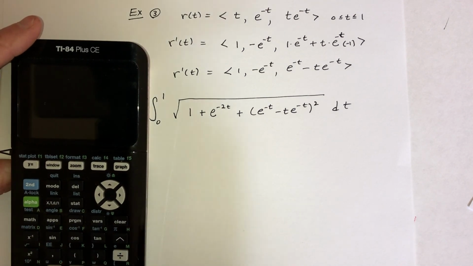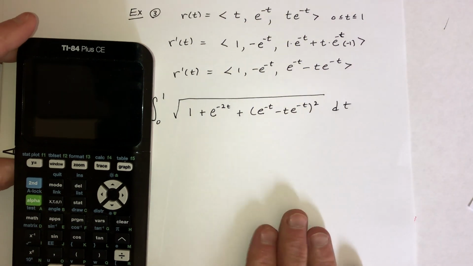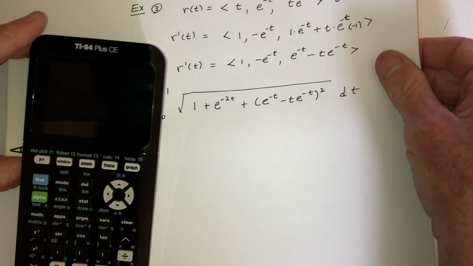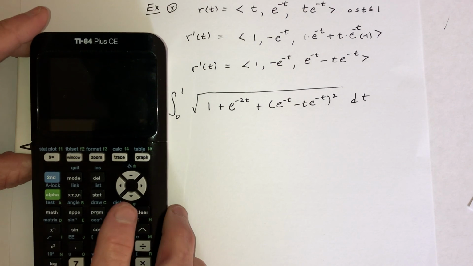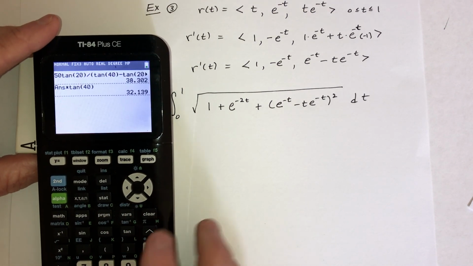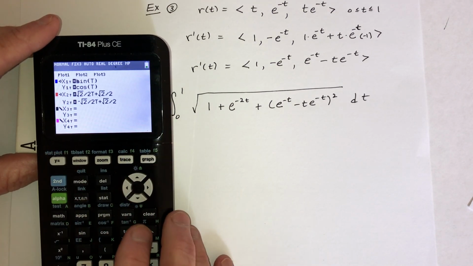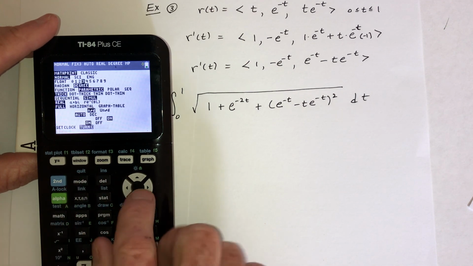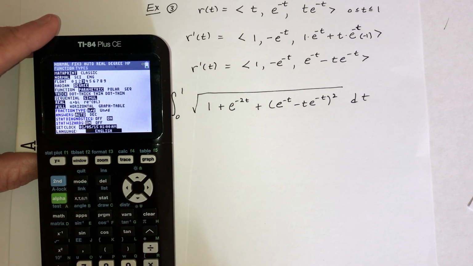Estimate this integral. So if you haven't done this before, you basically pretend like you're going to graph it. So go to y equals, I need just regular mode, not parametric.